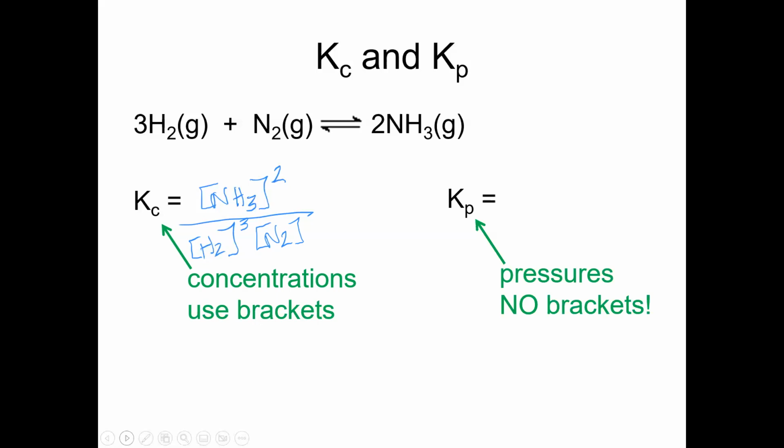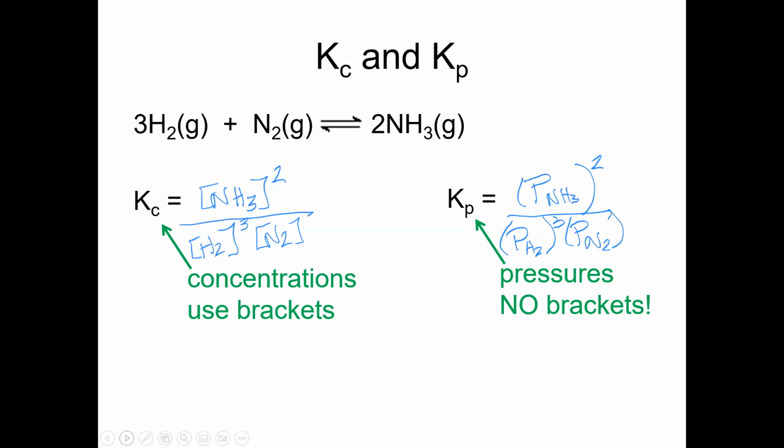So on top, we will have the pressure of ammonia squared divided by the pressure of hydrogen cubed times the pressure of nitrogen. So notice that we use parentheses when we're talking about pressures, and all of our variables are designated as P regarding the pressure of whatever that substance is.